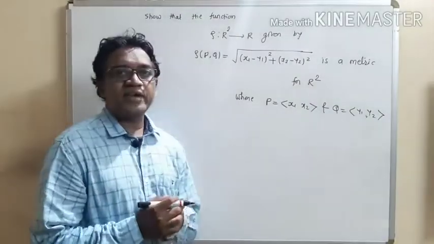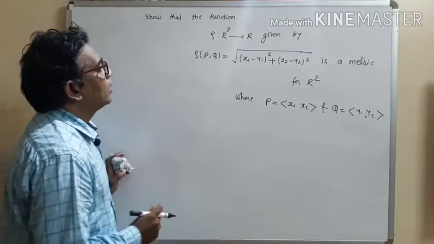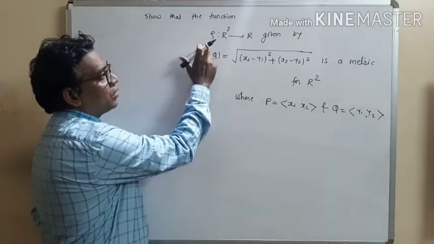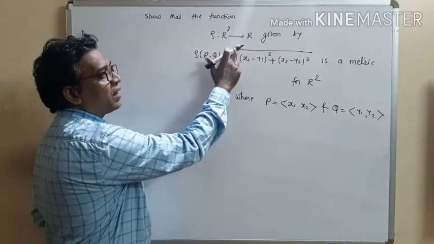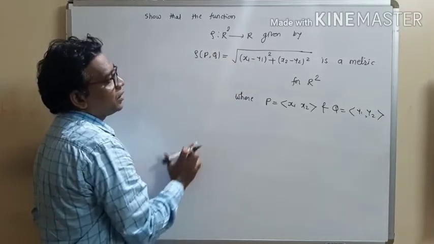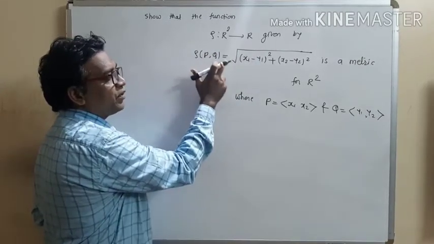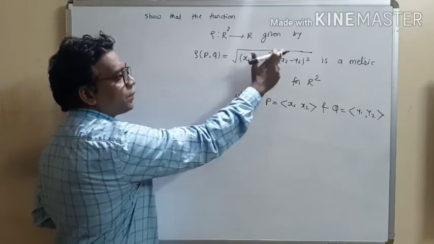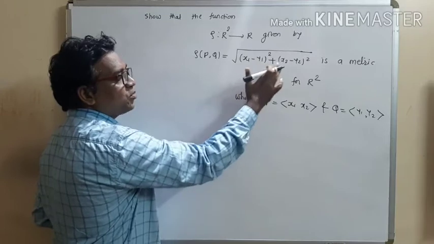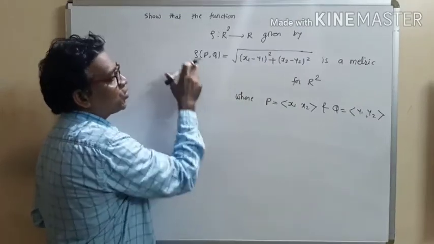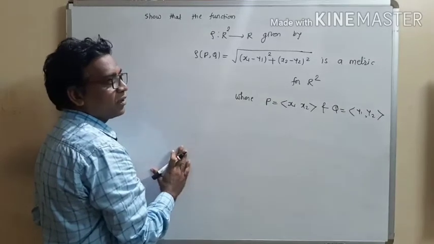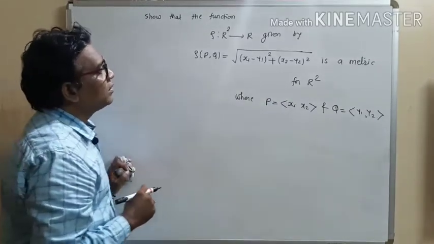Now let us take the second example. Show that the function rho from R2 to R, given by rho PQ is equal to under root x1 minus y1 bracket square plus x2 minus y2 bracket square, is a metric for R2. What is the example?